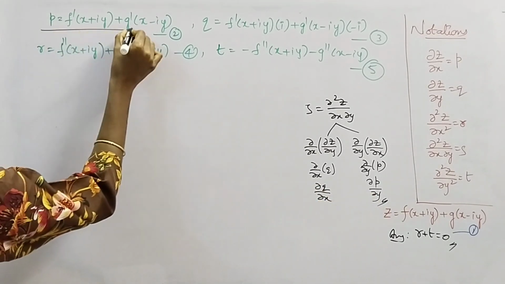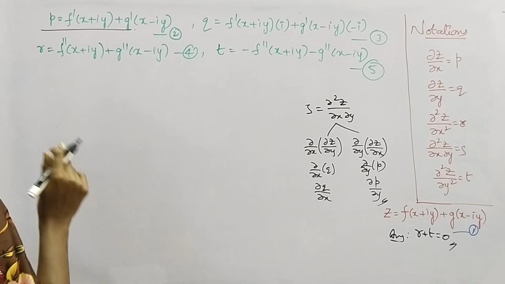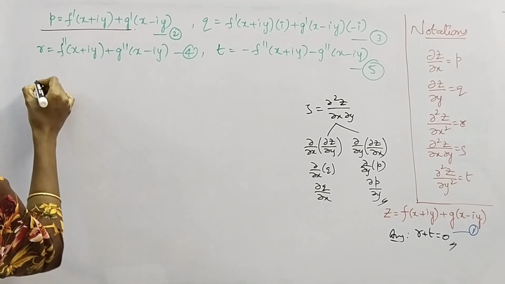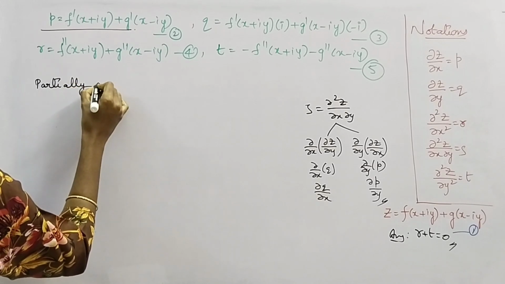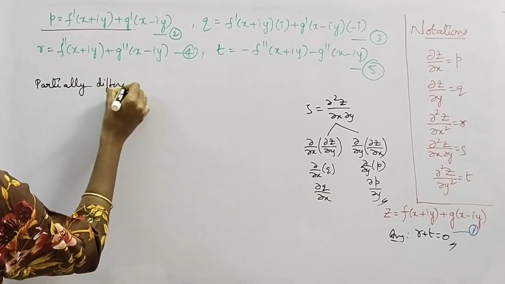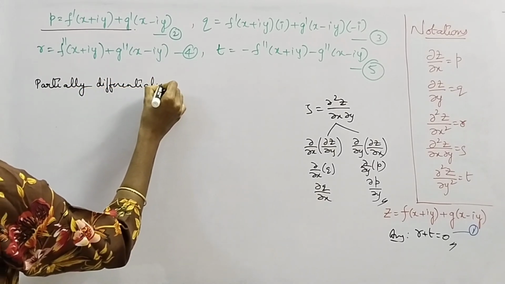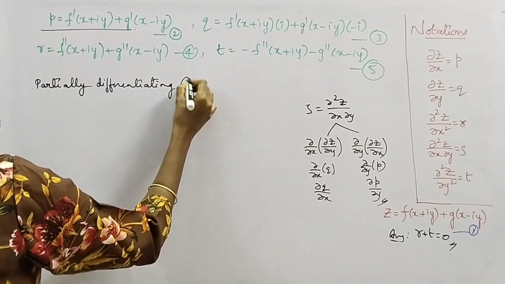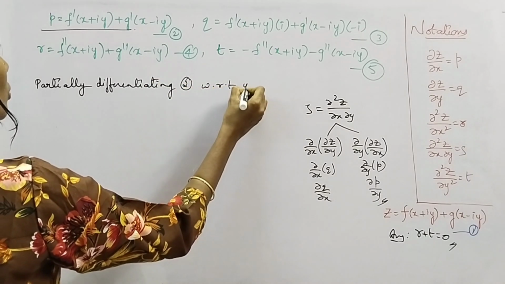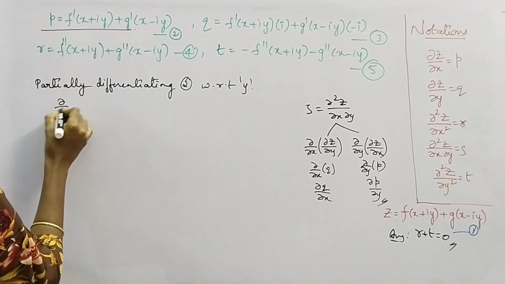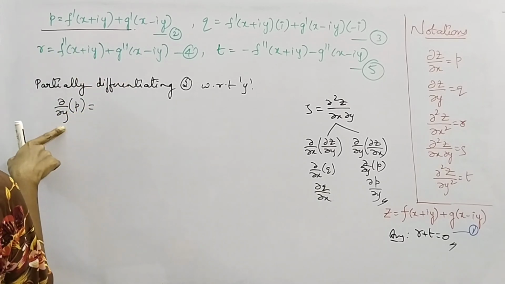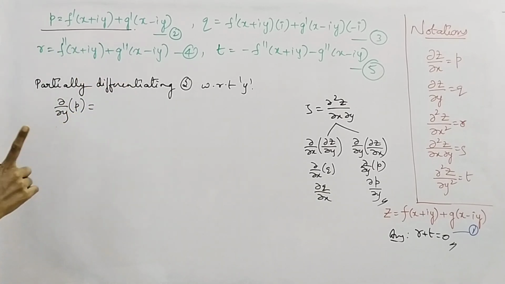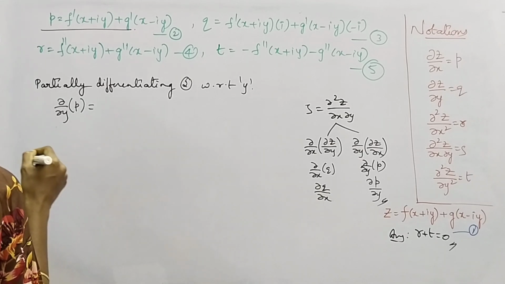Now we'll partially differentiate equation 2 with respect to y. Just apply dou by dou y on both sides of p. Since we are partially differentiating with respect to y, we'll treat x as constant here, right?